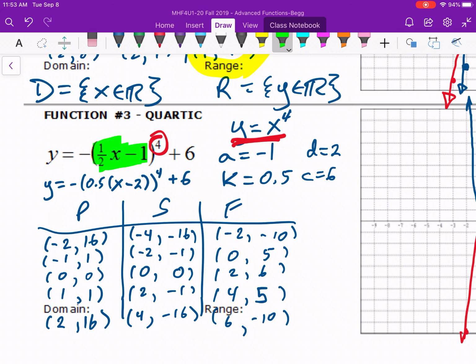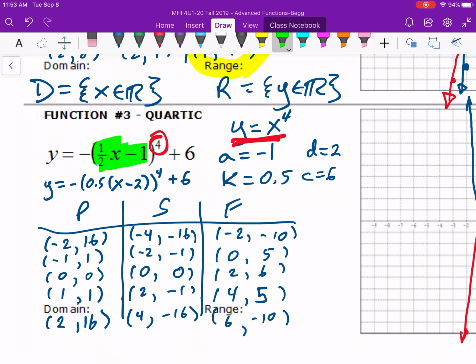You can see that there is a K value, which is a half, and that it looks like the D value is positive 1. But that's a trap, because K value should always be factored out from the D value.